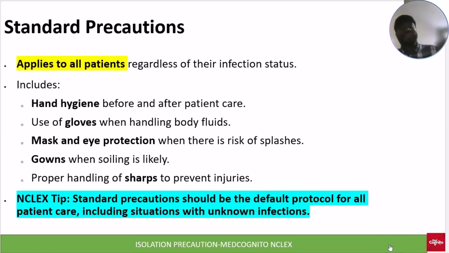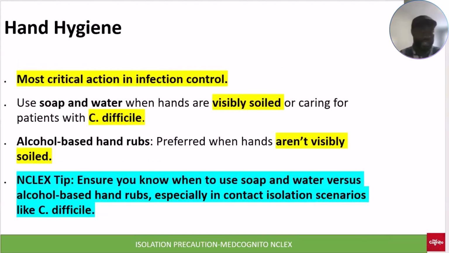So we said if the patient has Clostridium difficile, you want to always use soap and water. Now, when are you going to use alcohol hand rub? I want to know. So we learned that we'll use alcohol hand rub if the hand is not visibly soiled.